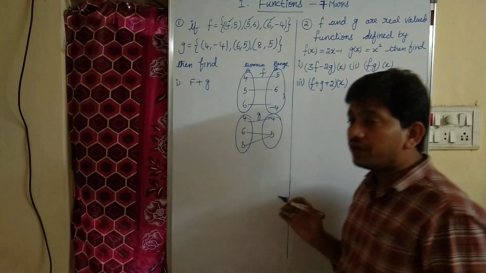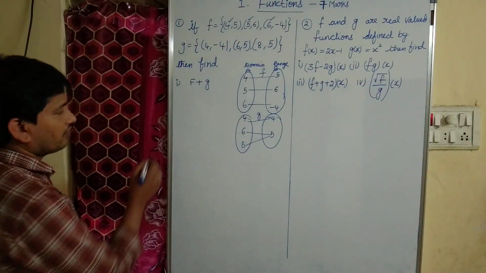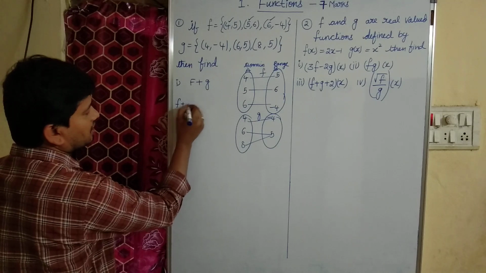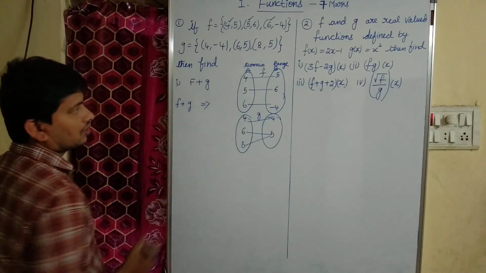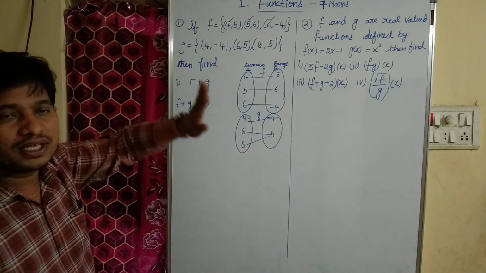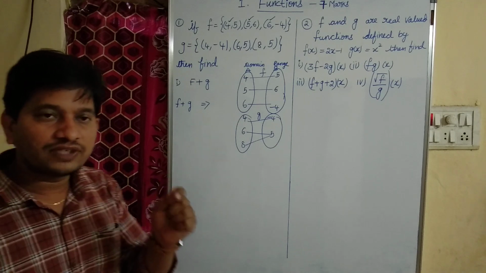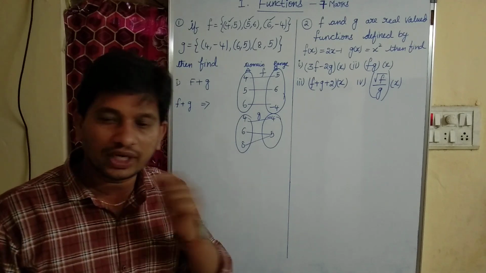So now we need to find out f plus g. So children, when we are finding f plus g, we should not do any manipulations to domain. Whatever the operation, it will be applicable for range only.